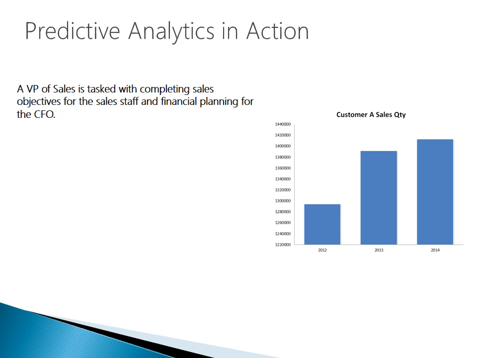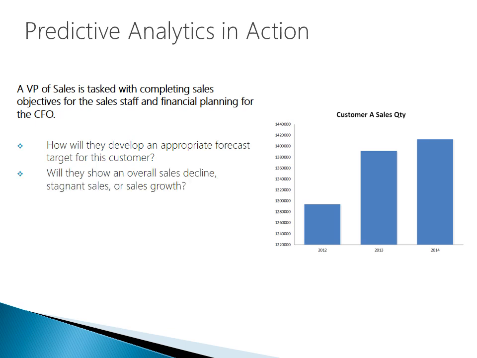So how does a VP of sales develop an appropriate forecast for this target customer? In this case, I'm showing a customer on the right-hand side that is showing a sales quantity across a 3-year spread. So how do they do this? What considerations are they bringing in?